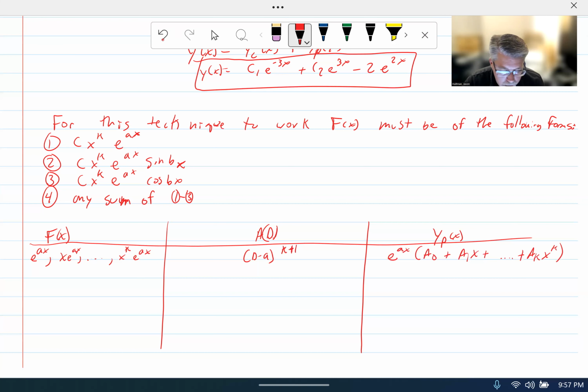Now if I don't have an x, then I just end up with a naught e to the ax, which is what we used in the last problem. We didn't have an x in front of e to the ax, so we just used e to the ax times a naught.